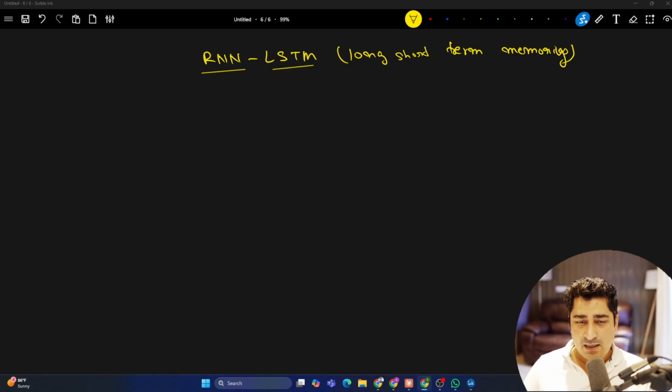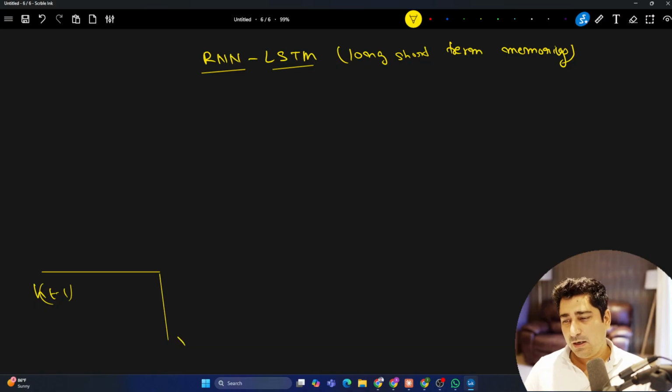Any kind of RNN is going to take two inputs, one from the previous state and one from the new state. So I'm going to provide two inputs: one from h t minus 1, let's suppose, and one is x at t, the current time t. So a current input and the previous input.